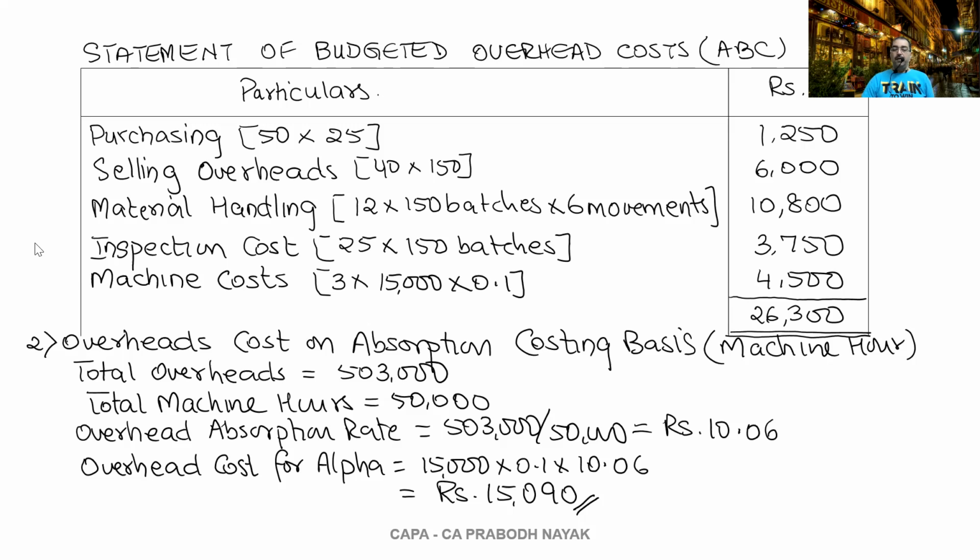As per ABC costing, that is activity-based costing, your overheads are coming to 26,300. And the absorption costing, that is the traditional costing, is coming to 15,090. So the question is asking now, third part, how can the company reduce the activity-based cost for the product alpha? Can you suggest some methods?